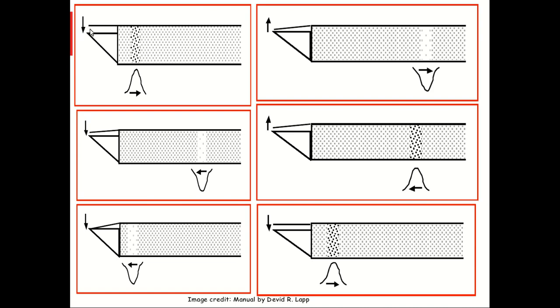Now suppose the player blows some air inside this clarinet like this. Whenever air is blown inside this body, a high pressure pulse will start moving through the body of the clarinet. This high pressure pulse moves towards the open end.